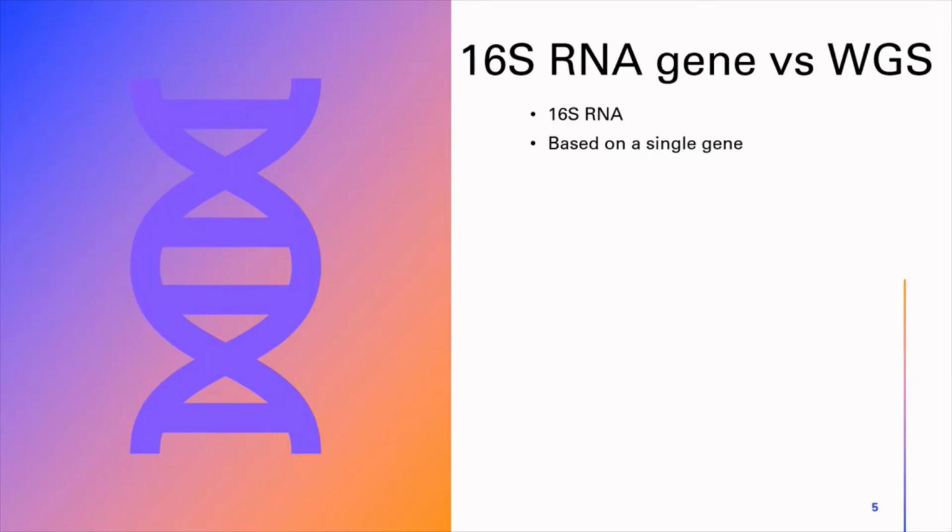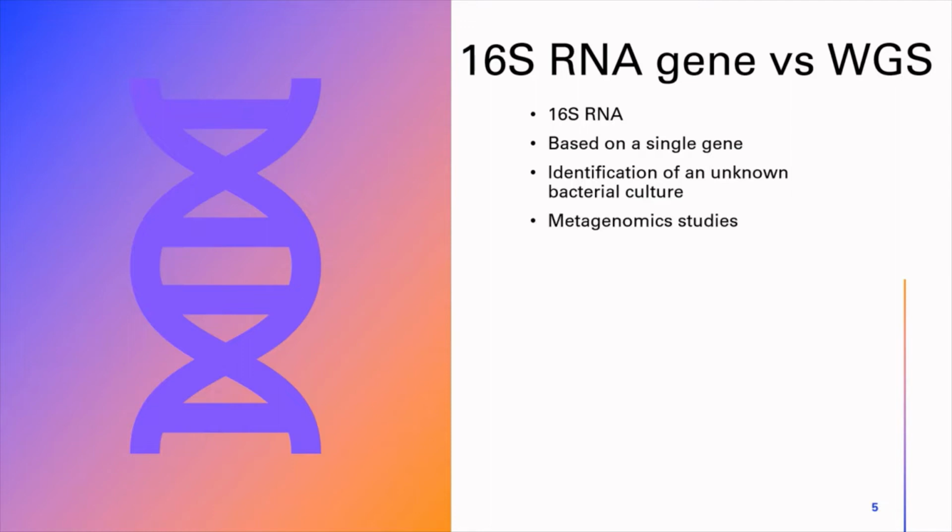So the trees that you are constructing using it are comparing organisms using only one gene. Now, I'm not implying that the 16S RNA gene is not important. We simply can't deny the importance of the 16S gene. It is highly beneficial for identifying unknown bacterial cultures.